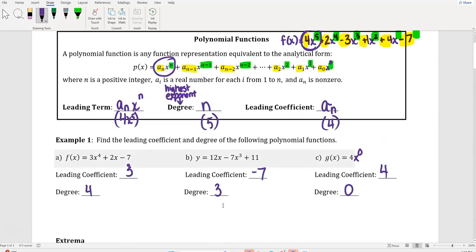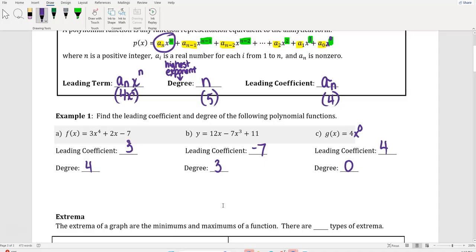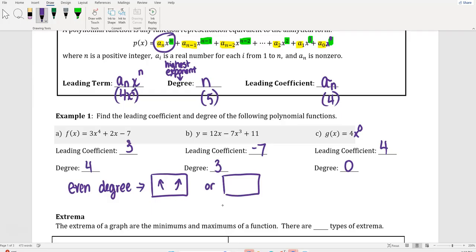It's not in the notes, but if I have even degree, then both ends of my function either have to go up, so I'm going to put a box around that, or both ends of my function will go down.